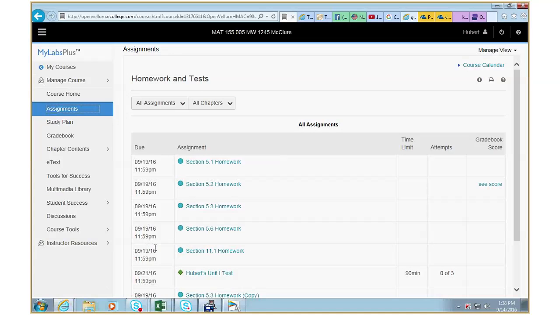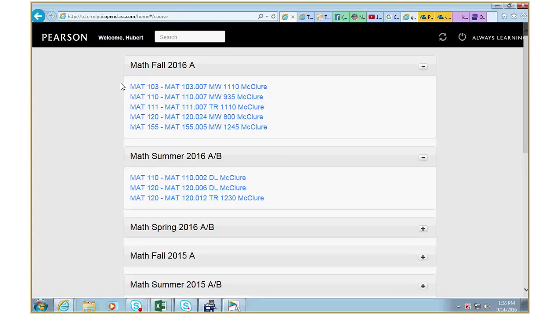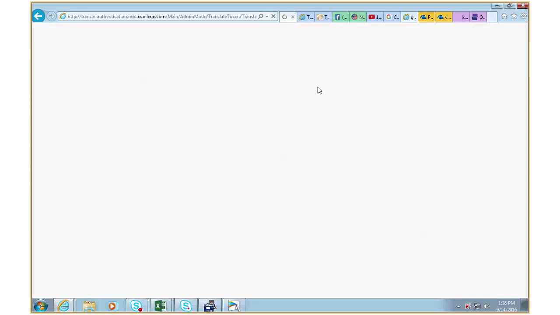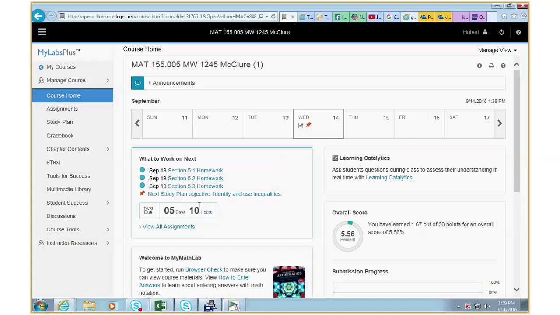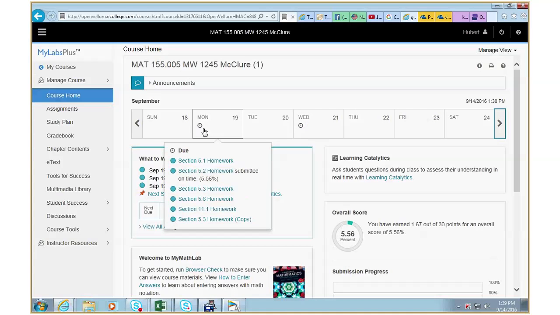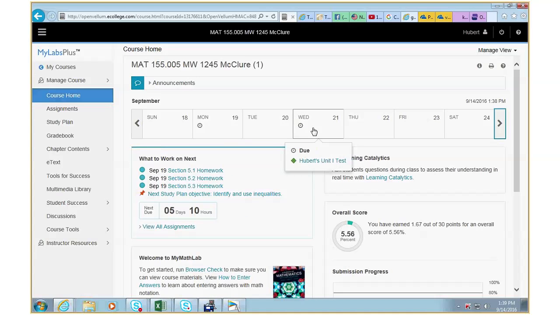And if you go back to your original page, I guess it's called your dashboard, it'll put on there that your homework is due. Even if it tells you right here, look there. And you can hit this, and look there. It's amazing.